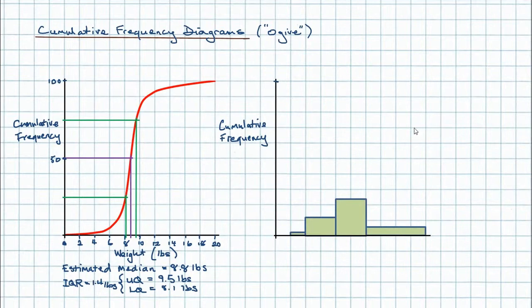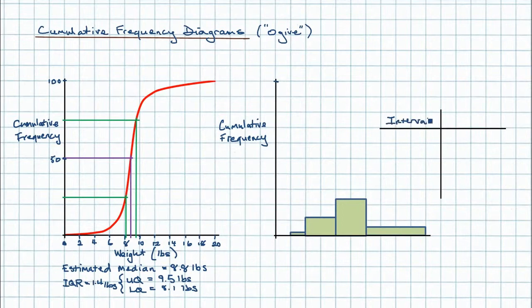So let's now draw a t-table to get our frequencies from our histogram. Now what I'm going to do to take the data off here is start by saying, well, what are the intervals?